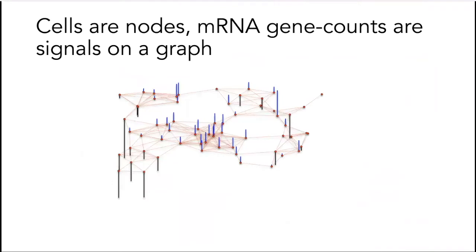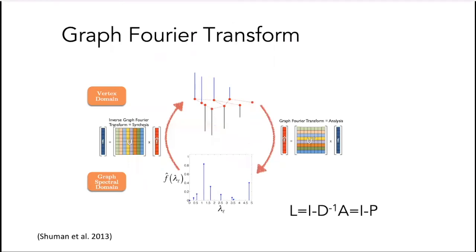Another way of thinking about this is that the cells are nodes on your graph, and the genes are mRNA counts on this graph. Then you're taking a graph Fourier transform, and you're coming up with the random walk normalized Laplacian.